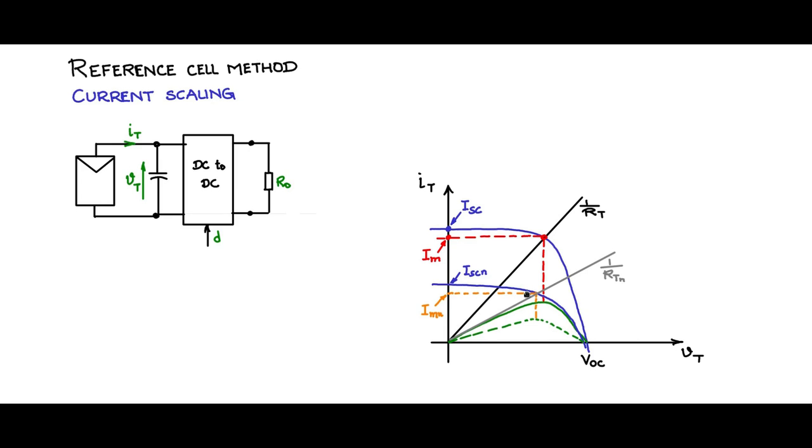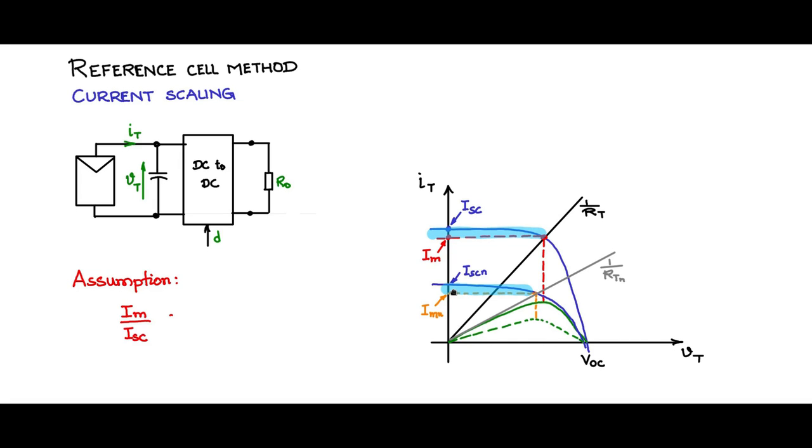What I would like to bring your attention to is the relationship between IMN and ISCN of a particular set for the given insolation. So we will use the following assumption. In fact, this assumption is much stronger than the voltage assumption that we made.